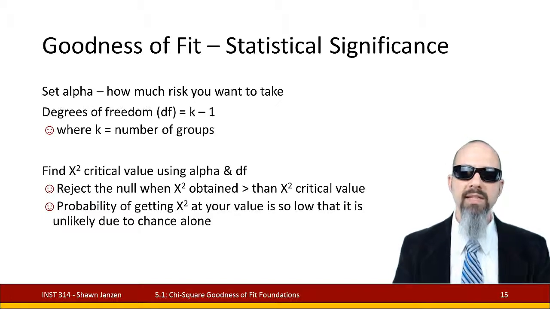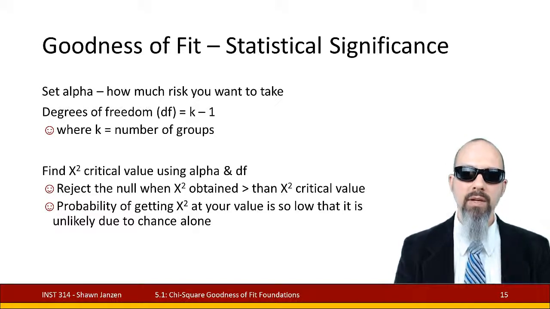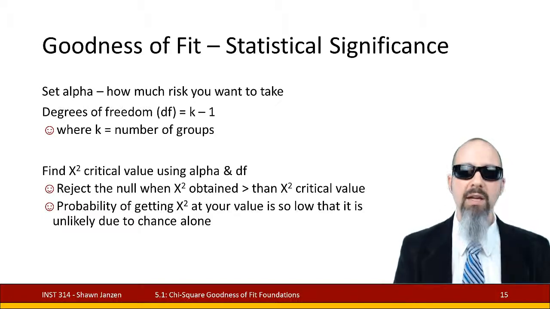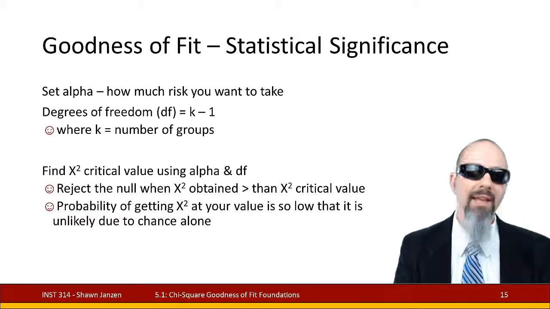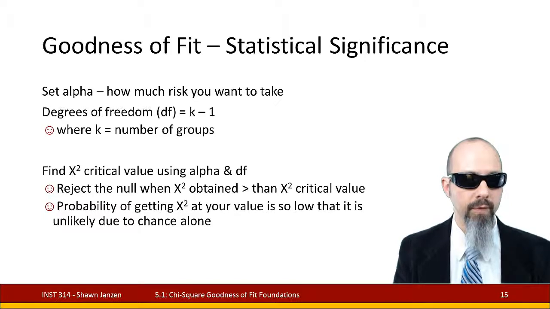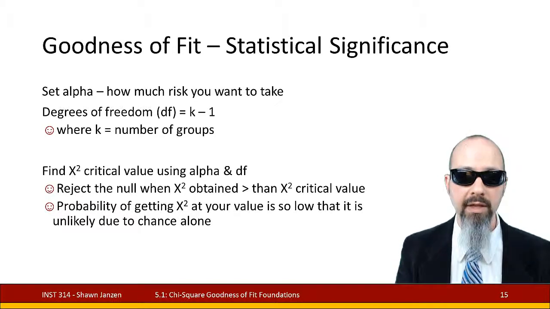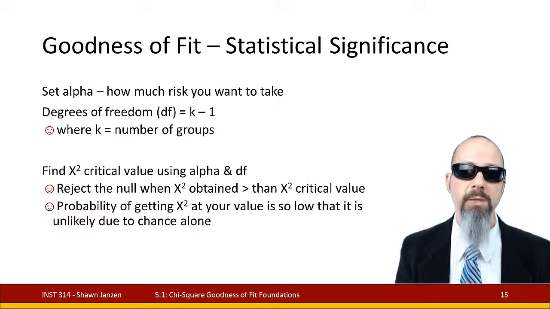What this is really saying is that the chi-square test value that we've obtained has a probability, and that probability is so low of getting that specific value that it can't be due to chance alone. There's some underlying difference that makes the distribution we've calculated different from the one we would be expected to find.